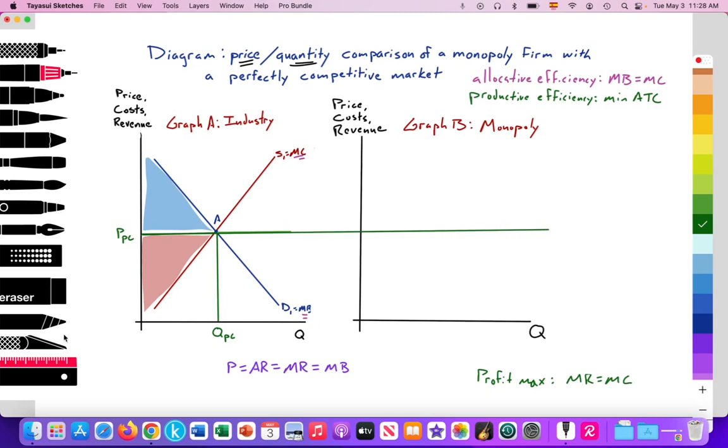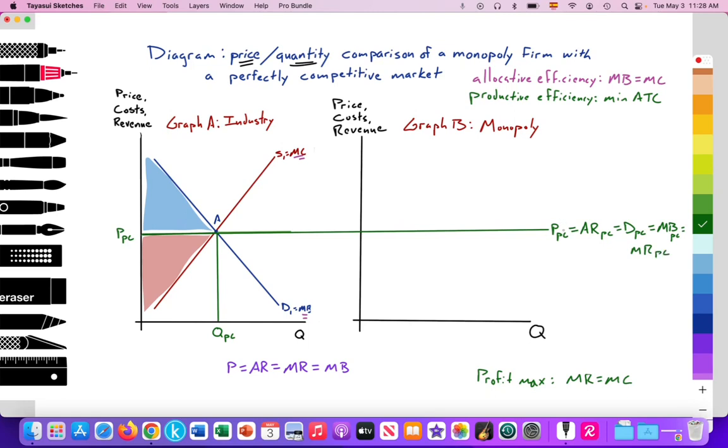And we want to label that, again, this is the price for the perfectly competitive firm, which is equal to the average revenue for the perfectly competitive firm, which is equal to the demand curve for the perfectly competitive firm, which is also equal to the marginal benefit curve for the perfectly competitive firm, which is also equal to the marginal revenue curve for the perfectly competitive firm.